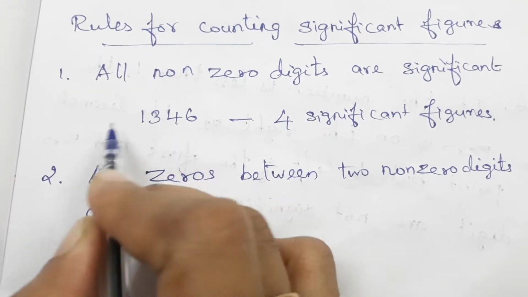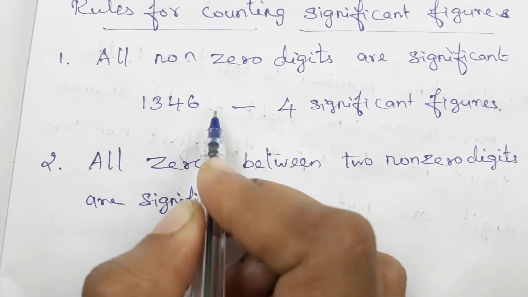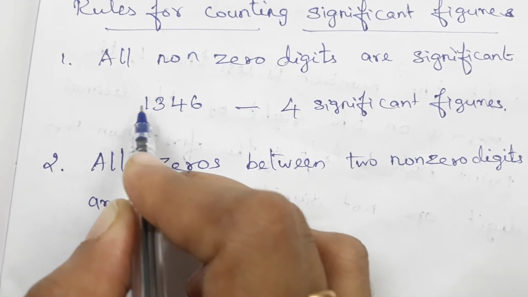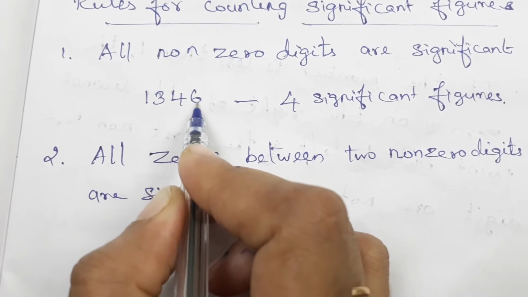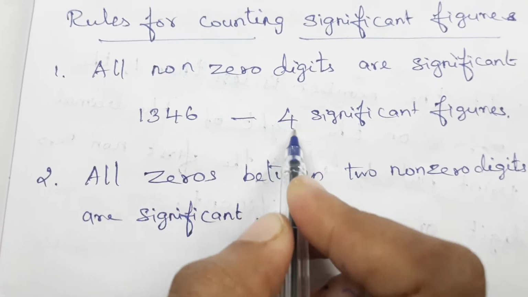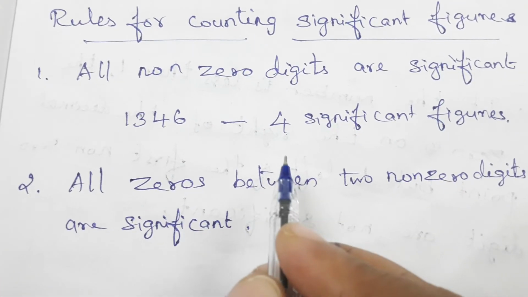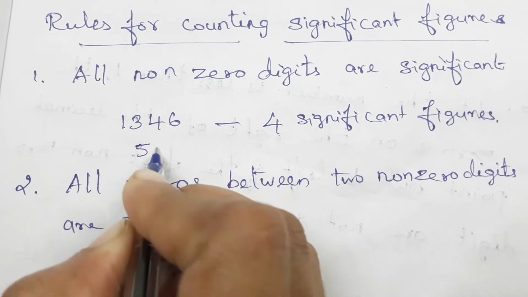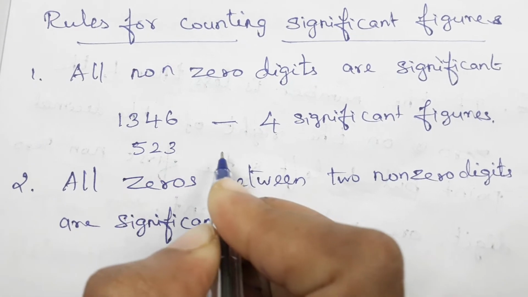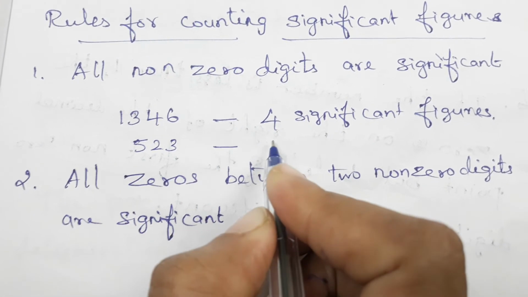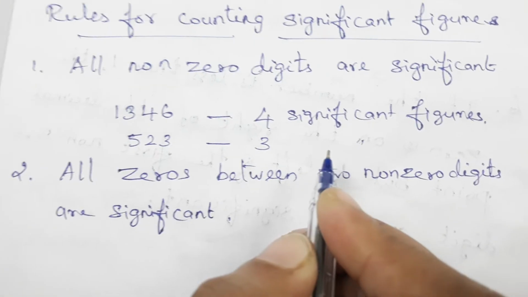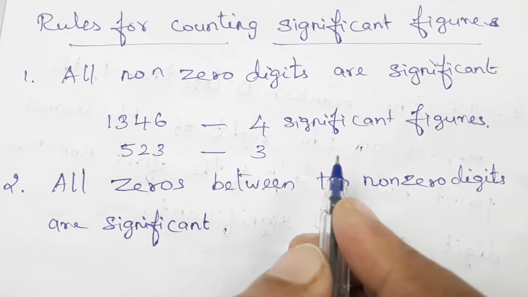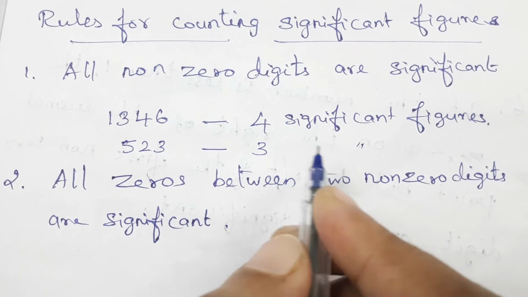All the digits are non-zero, so all are significant. 1, 2, 3, 4. So how many significant figures? 4 significant figures. Another example, 523. This number has 3 significant figures. So all non-zero digits are significant figures.